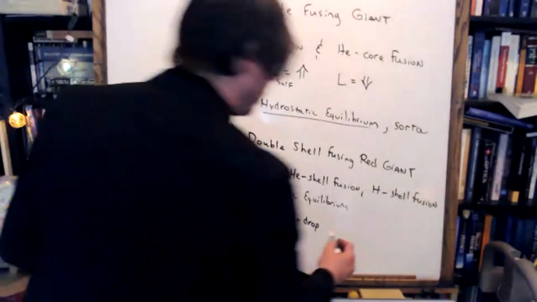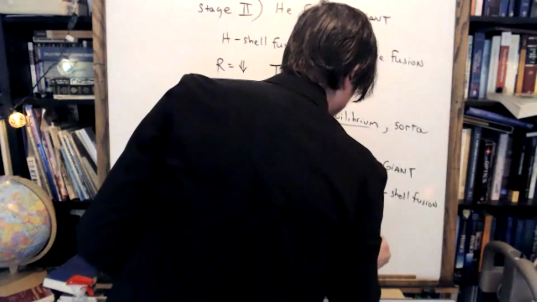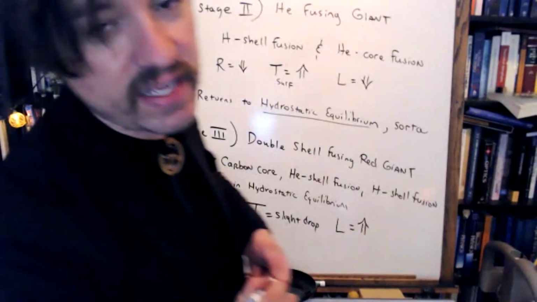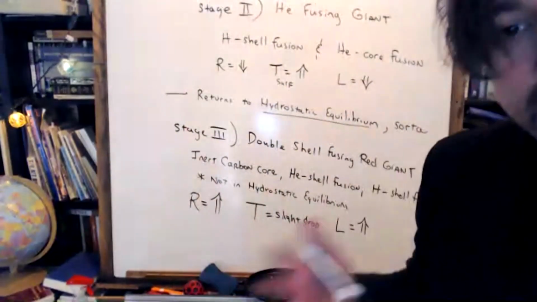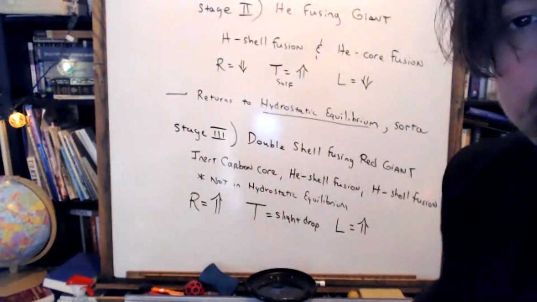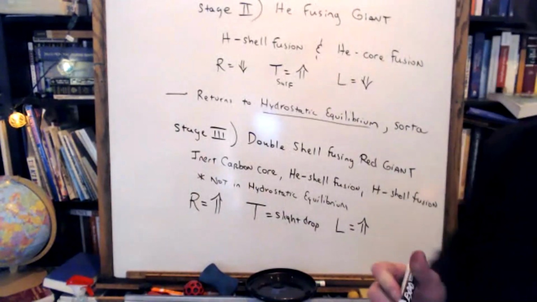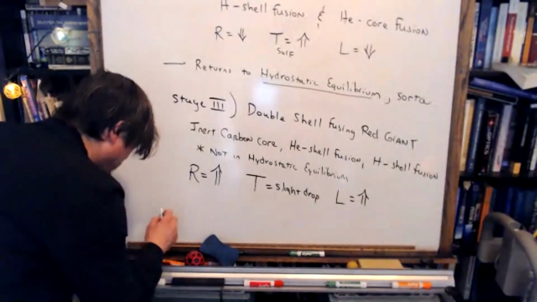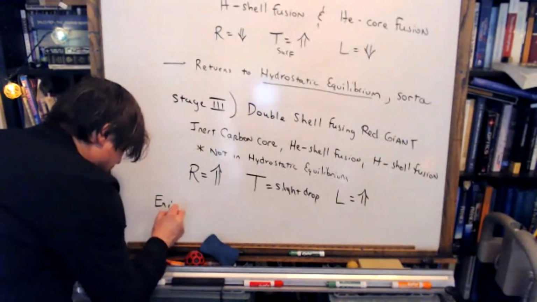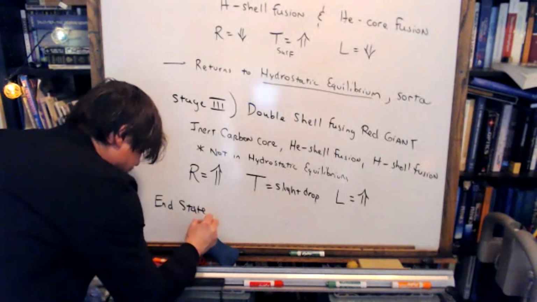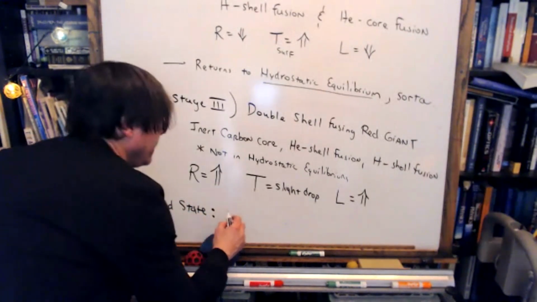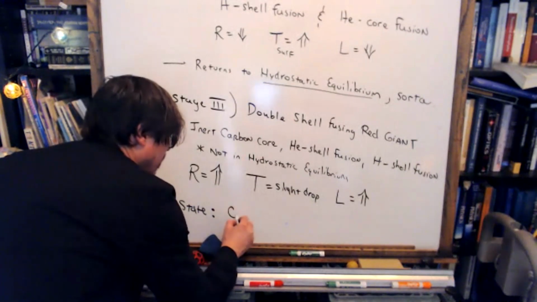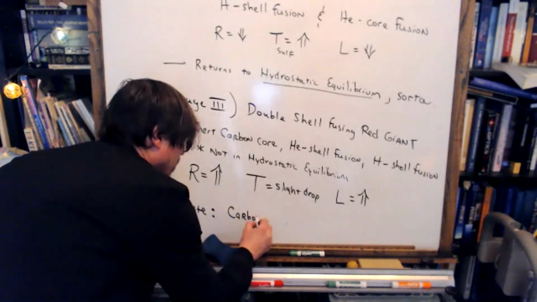The luminosity of the star is weird. It's definitely going up, but at some point when the star distends and it becomes disconnected, and when it turns into that cool planetary nebula, eventually the luminosity is going to go way down. So the end state, and we'll be working on this next week, is a carbon white dwarf.